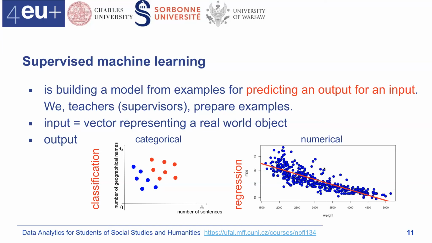Here in this plot, the blue points represent cars, and based on their weight, we predict their fuel consumption. Right? So the output value is the number of miles that a given car passes per gallon, and it is a numerical value. So that's the regression task. So classification into classes and prediction of real values.